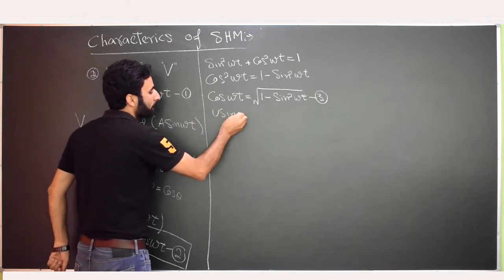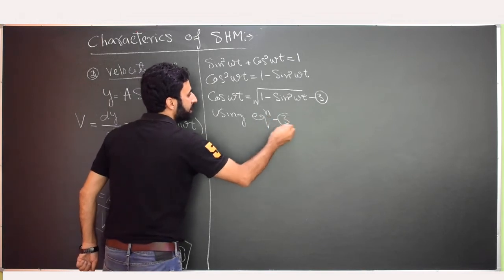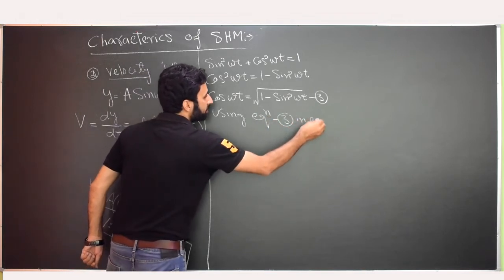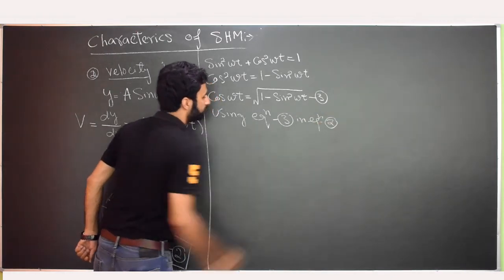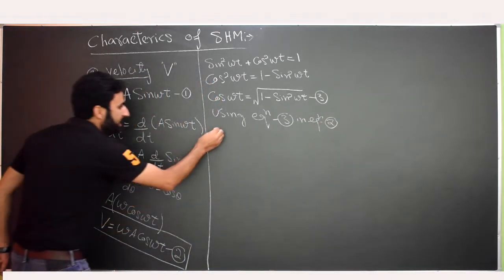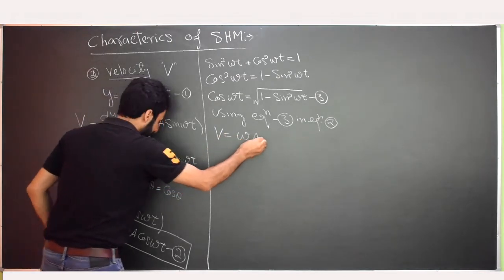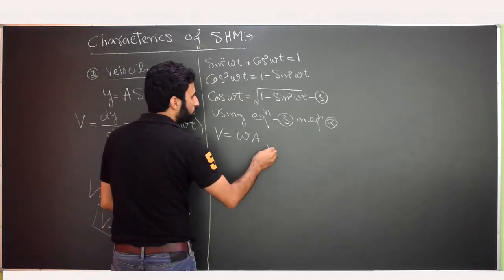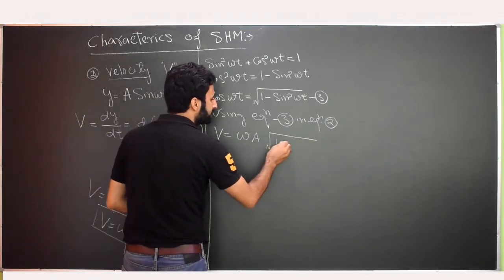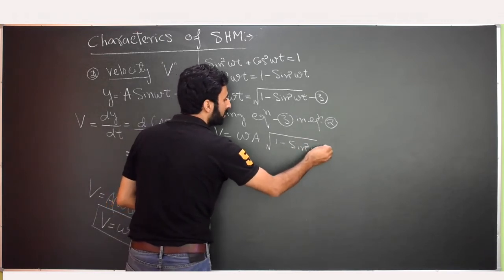So what we'll get is V is equal to omega A, and in place of cos of omega t, I may write under root of 1 minus sine square omega t.